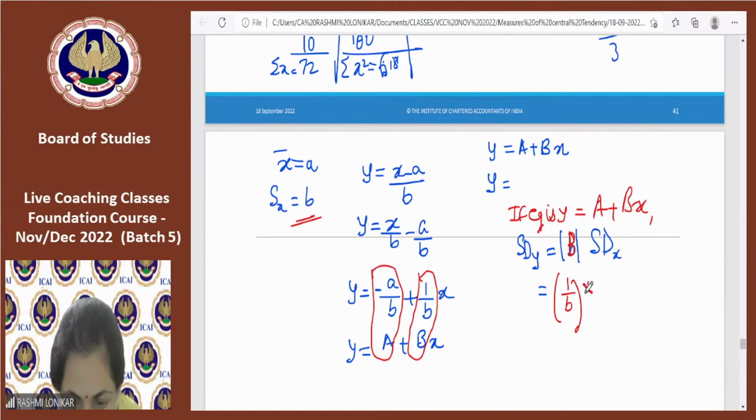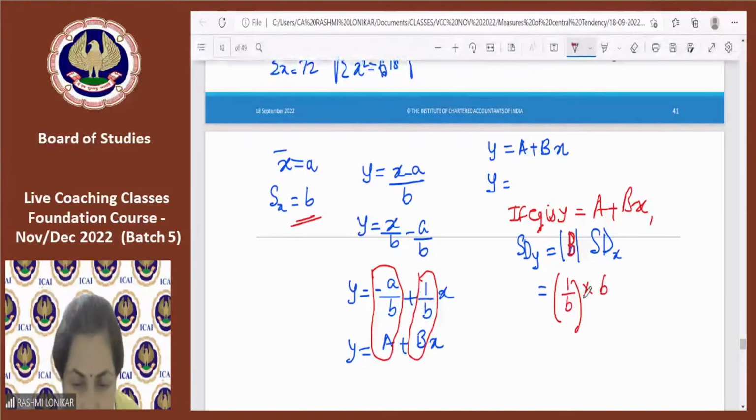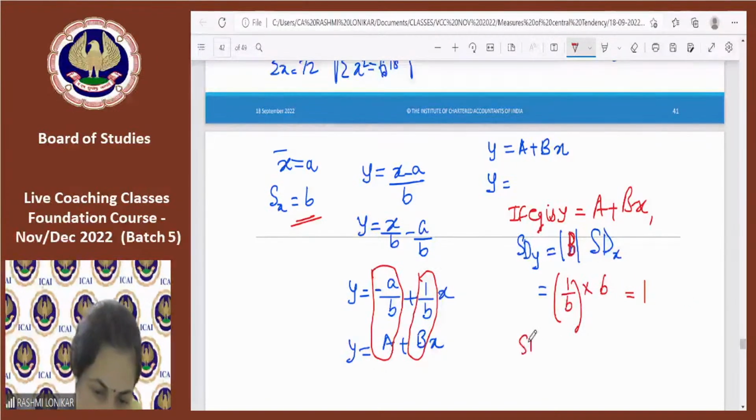So 1 upon b into b, which is b upon b, which is equal to 1. Because this is mod B, I have taken 1 upon b, positive sign, into b, which is equal to 1. So the standard deviation of y is equal to 1.